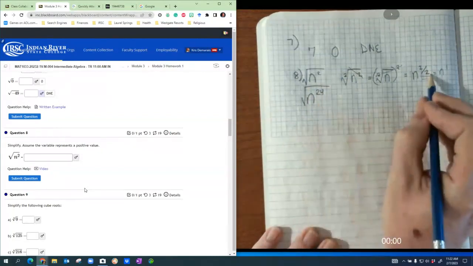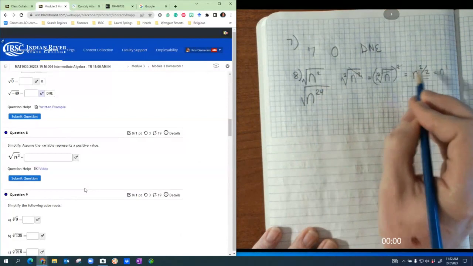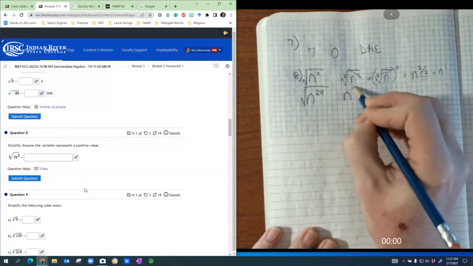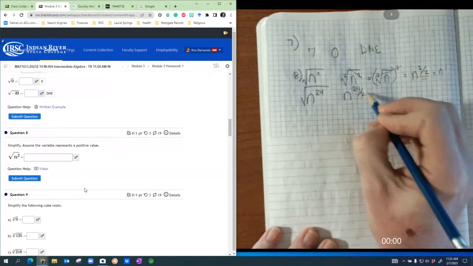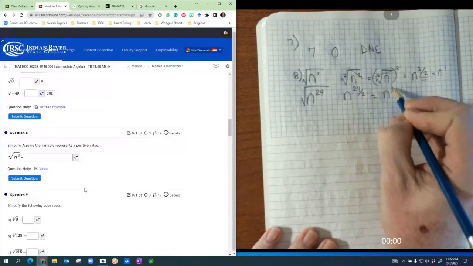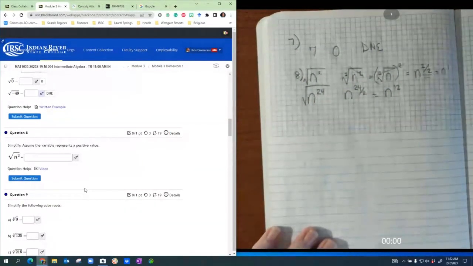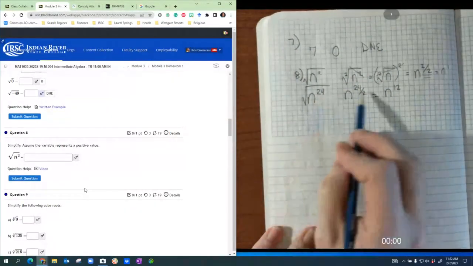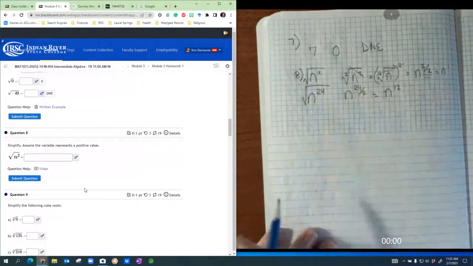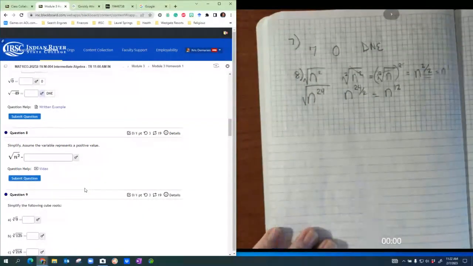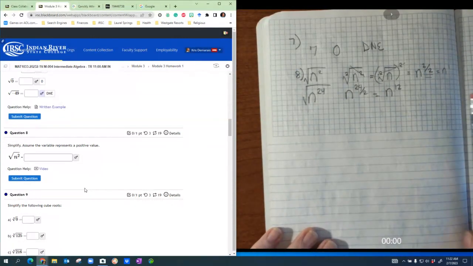Well, if I know this concept happens, then I know that I can take 24 and divide it by 2 and get 12. That's how simple these things move. If this is even, I can simply just divide it by 2 and get my variable out of the radical system. That's going to be important to understand later. So I taught you something in question number 8.